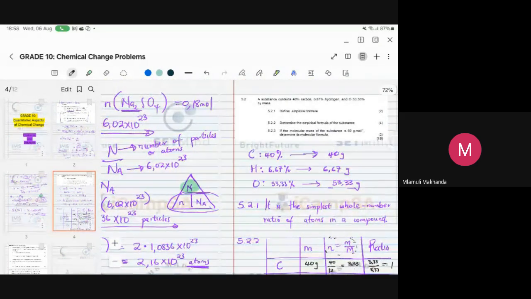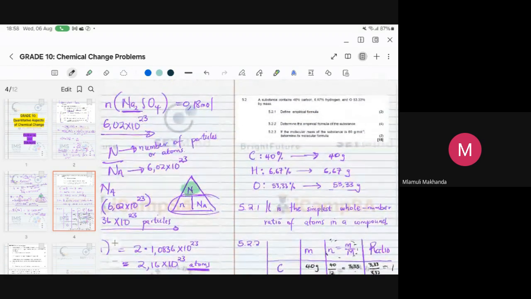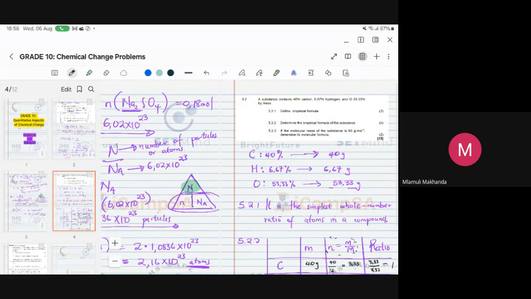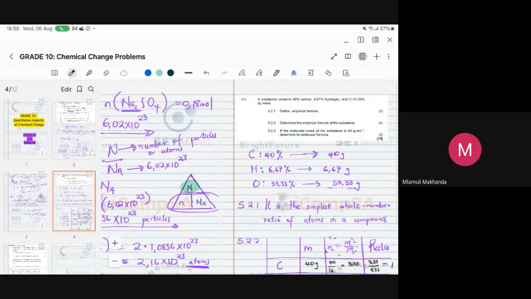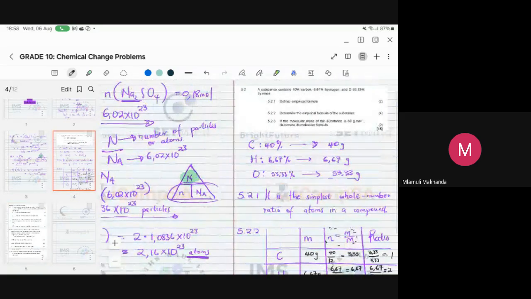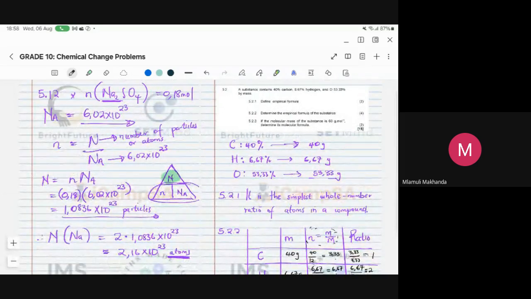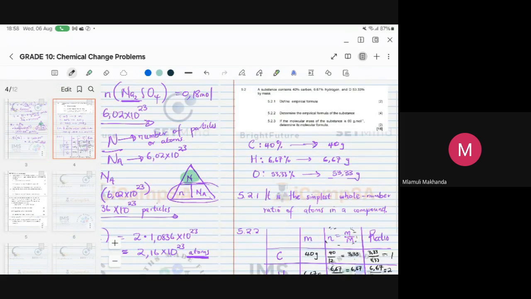If this was 4 marks, just doing this alone would have given you your entire 4 marks. Now, let us go to 5.2.3. This was an exam, by the way.